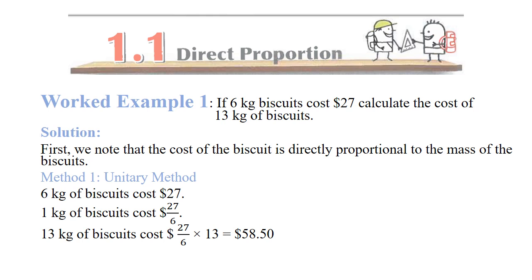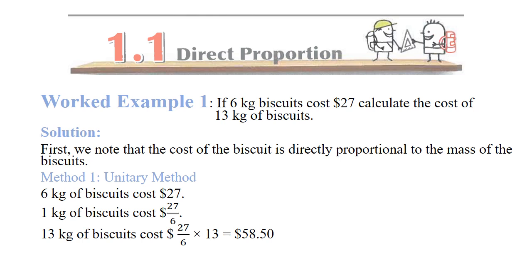Now we want to calculate the price for 13 kg of biscuits, and in order to do that we would first want to get the cost of 1 kg of biscuits.